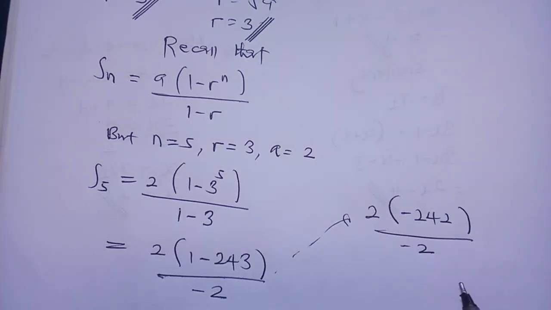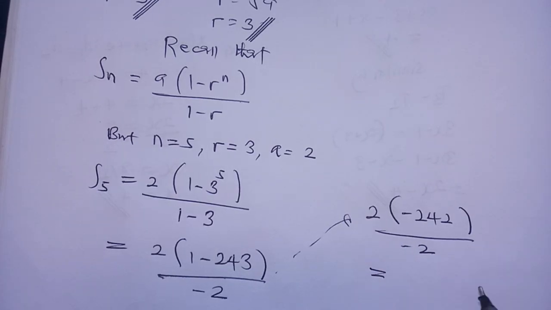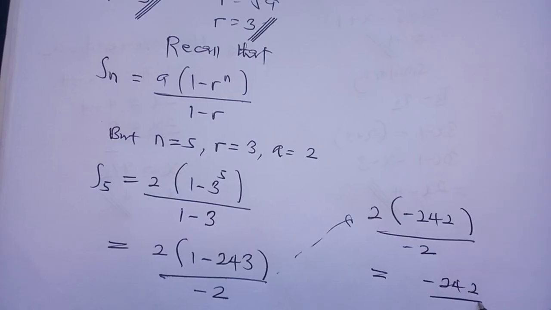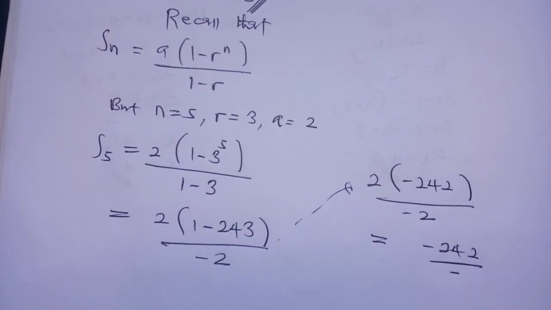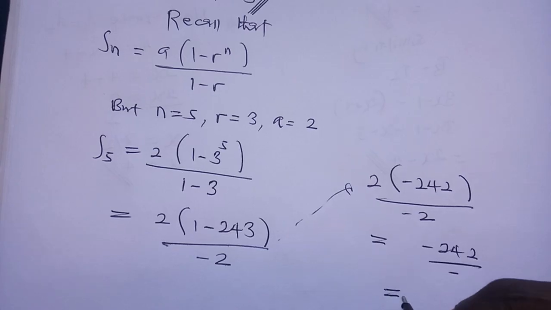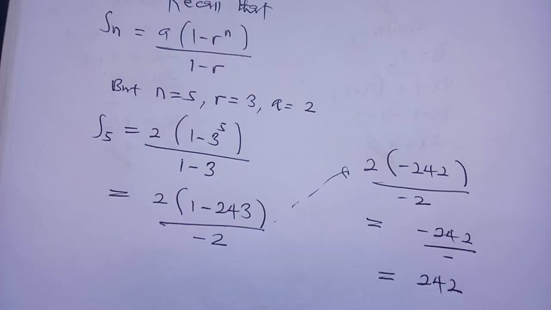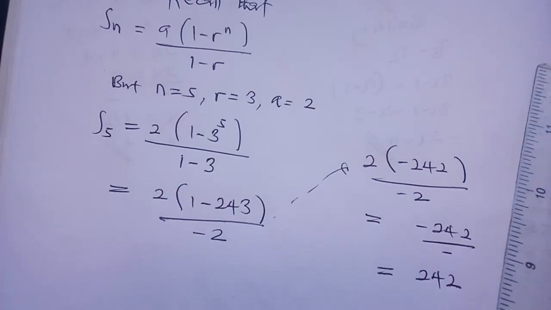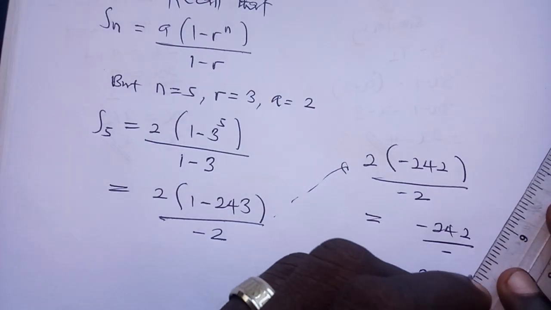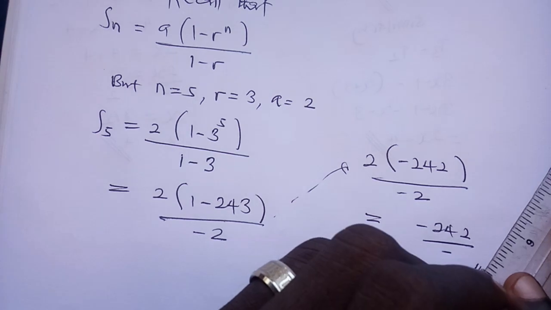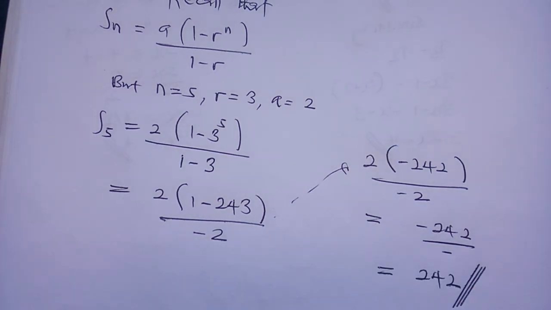This 2 cancels this one, then what will remain is just minus 242 divided by minus 1. Minus cancels minus, so automatically our answer becomes 242. So this is what we are asked to find in respect to the problem that we are given. Our answer then becomes 242 as the sum of the first 5 terms.